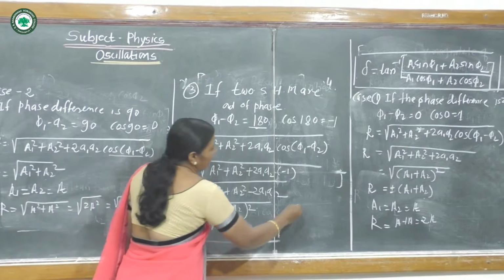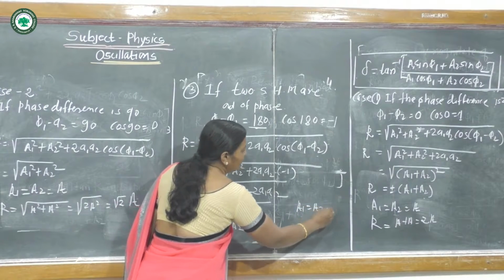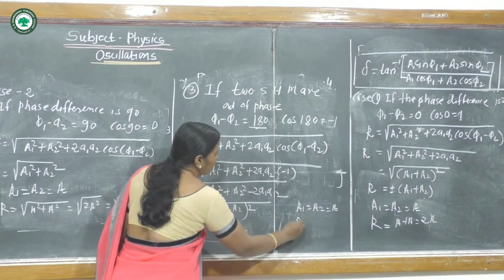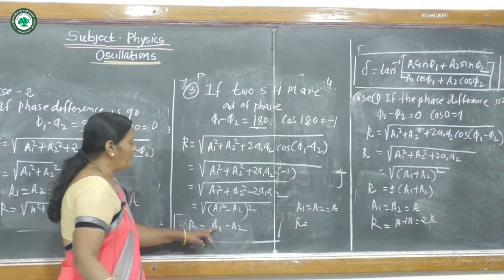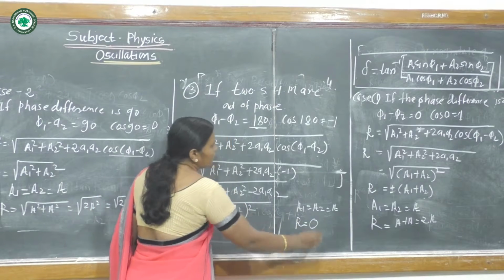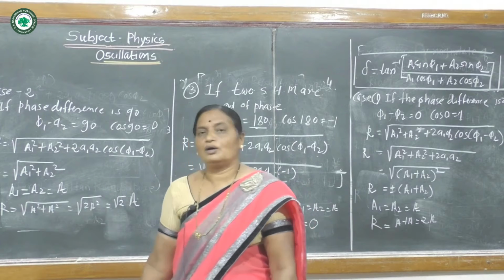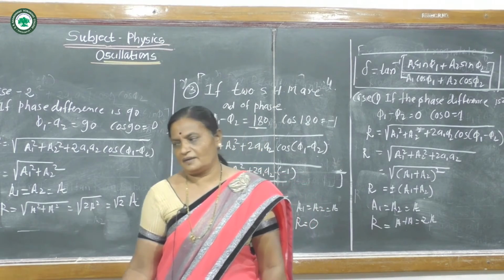Now if the amplitude is the same, that is A1 is equal to A2 is equal to A, R is equal to A minus A, that is R is equal to 0. This is all about the combination or composition of SHM. Thank you.